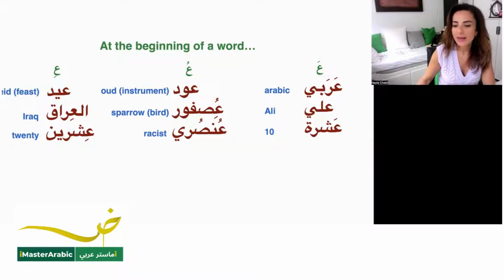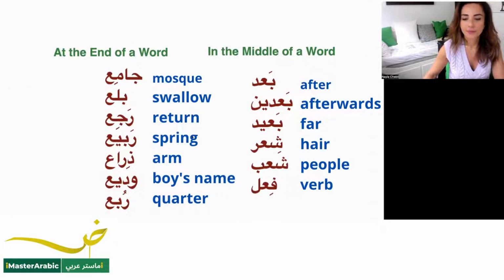Let's move on to the ayn in the middle of the word. The word بعد. Now you have to produce the ayn in the middle of the word. Again, think about pulling the back of your tongue backwards. So you say the ba, and then right away, when you start saying this fatha, you start pulling the back of your tongue backwards.